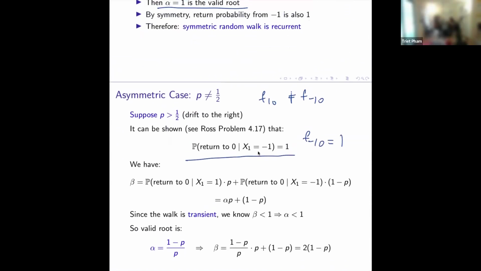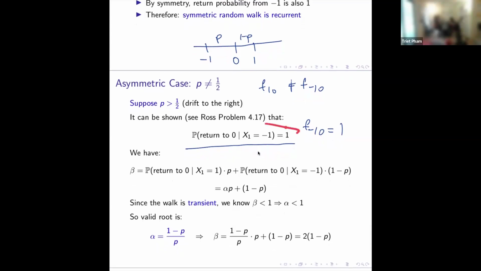In other words, here the random walk has bias to the right. So this is p, this is 1 minus p. It's clear that if it's biased to the right, then somehow you can prove that f minus 10 is 1.